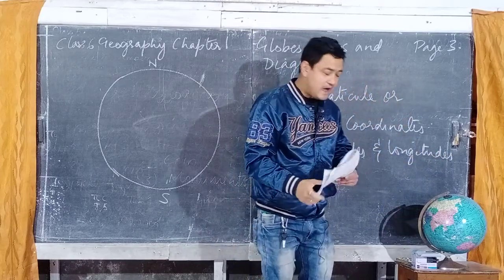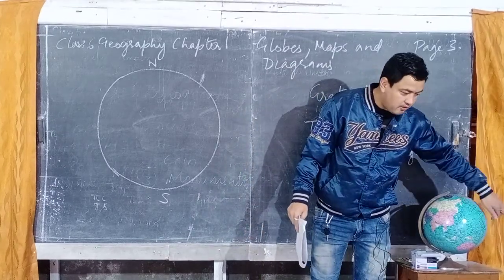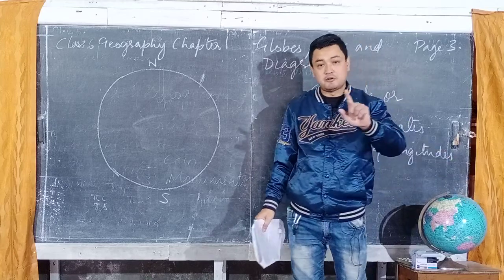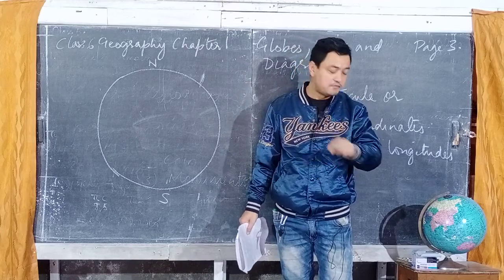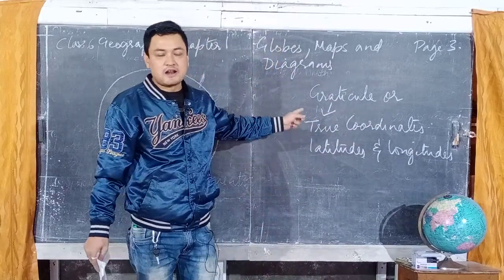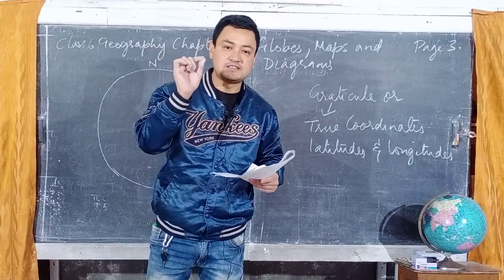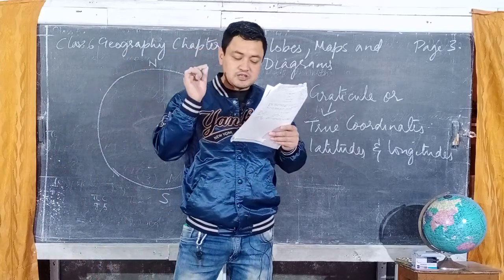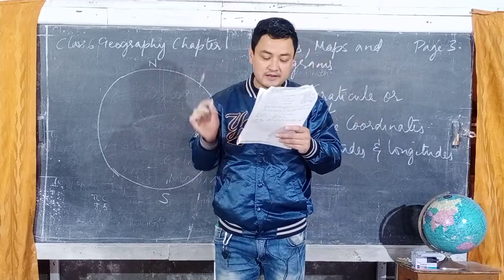If you look at the globe, you find several vertical and horizontal lines marked with a blue color. In the atlas, the world map, you will also find several vertical and horizontal lines marked in blue. These are known as graticule or true coordinates, or latitudes and longitudes, which help us to find the exact location of a place.